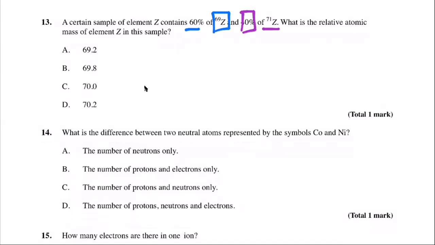The masses we have are 69 and 71. If they were split 50-50, then our average would be right in the middle. It would be 70. But they're not split 50-50.